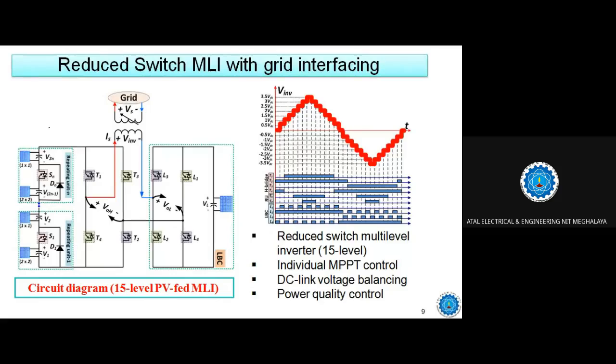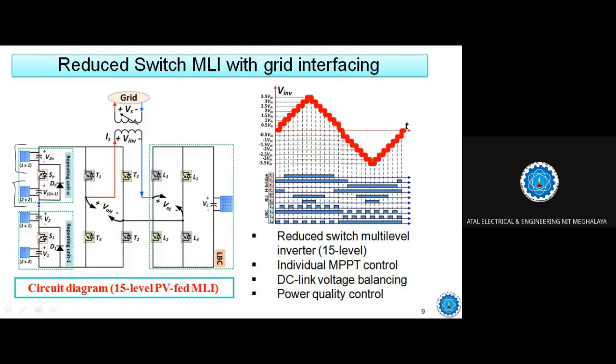This structure, as you can see, requires multiple PV panels, right? And all these multiple PV panels are taken in different ratios, that is 1:1, 2:2, because the DC-link voltages here are maintained asymmetrically. So this structure is operating asymmetrically, and it requires multiple PV panels.